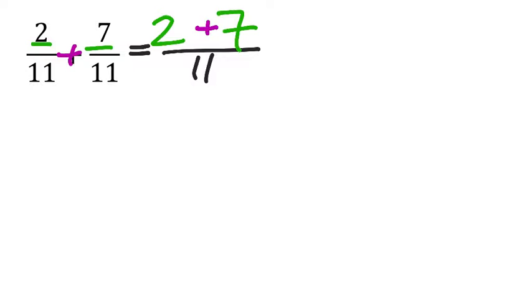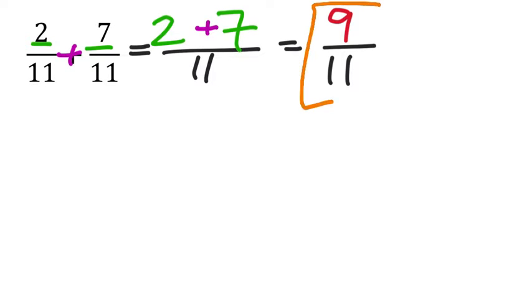It still will not change the denominator, but the numerators we can add. 2 plus 7 is 9. Again, we should look to simplify here at the end. 9 is divisible by 3, but 11 is not, and 11 is prime, so that's as far as we go with 11, which means this is already fully simplified.